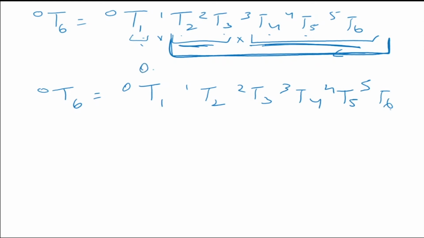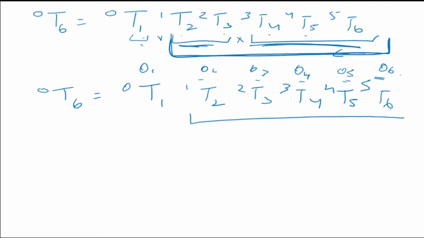What are the variables here? Theta 1, theta 2, theta 3, theta 4, theta 5, and theta 6. These are the variables, right? The other link lengths and so on are all constants. So if I multiply this many, it will contain theta 2, theta 3, theta 4, theta 5, and theta 6. It will not have theta 1, because we are not multiplying with this one.